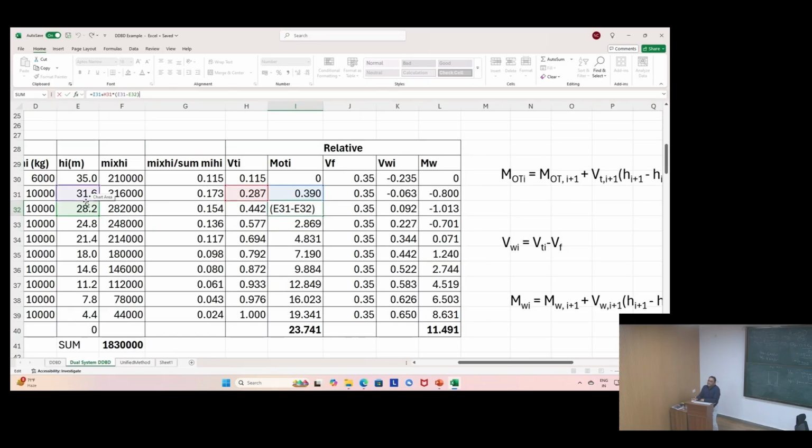The difference in height is the height of 9 minus 8, captured right here. Your VT i plus 1, which is VT of 9, is right here. And MOT of i plus 1, which is MOT of 9, is right here. And that's what's helping you populate the 8th row. Does that make sense?